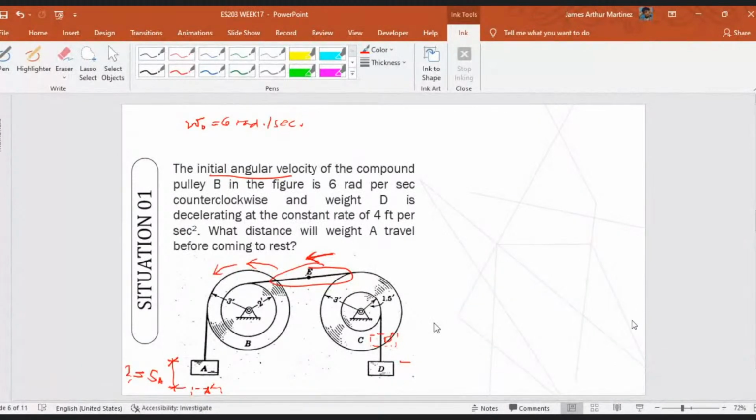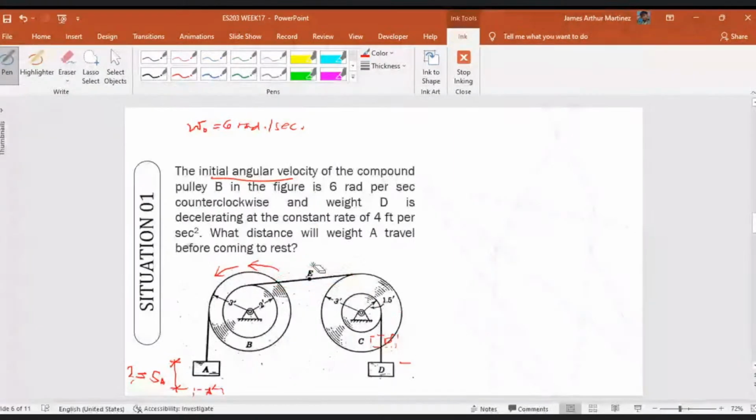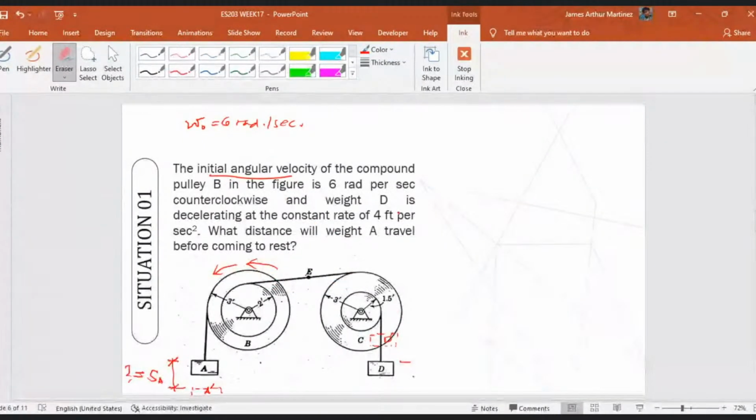Situation 1: pulley B will rotate counterclockwise, so the link, the cord, will also cause rotation in pulley C. Which means that both discs, the small and big disc of pulley C, will raise weight D. And the problem states that weight D is decelerating at a constant rate of 4 feet per second squared, meaning after deceleration the system will come to rest.